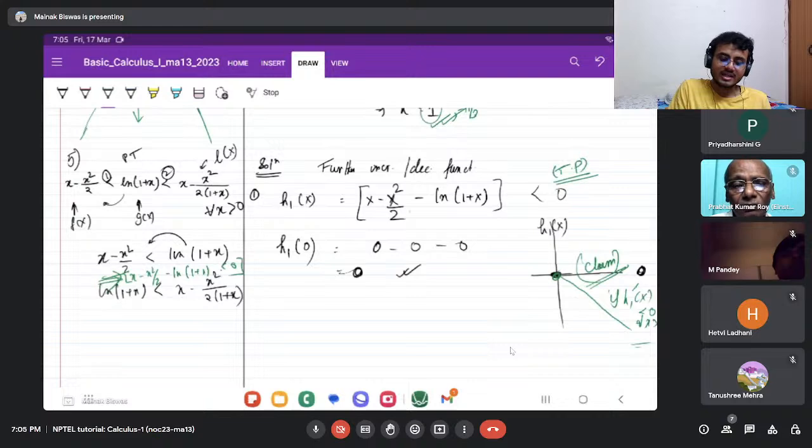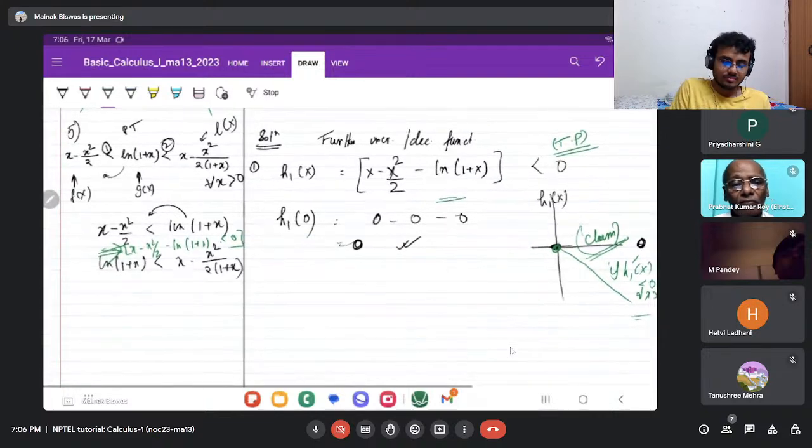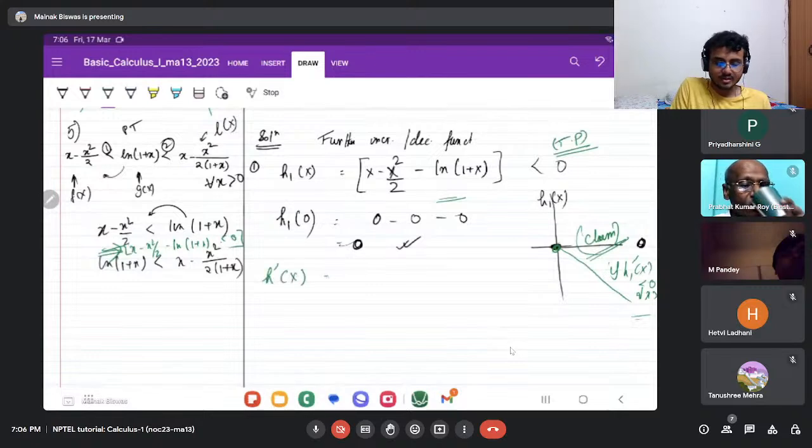So if we can take the derivative and show that it is less than 0, we are done. So let's just take the derivative. It's 1 minus x plus 1 plus 1 by x, right?